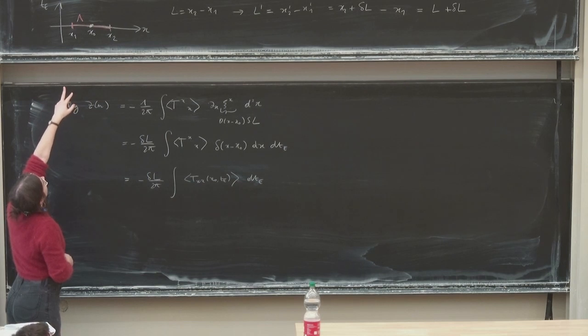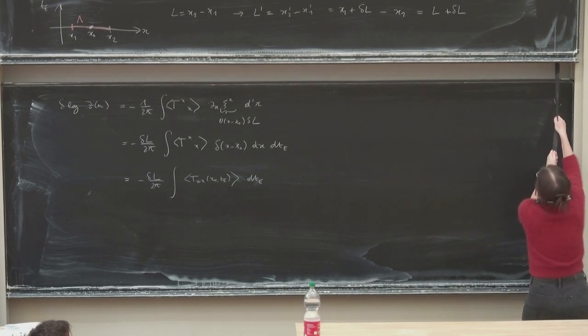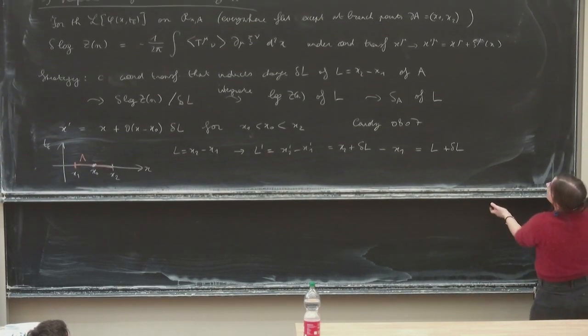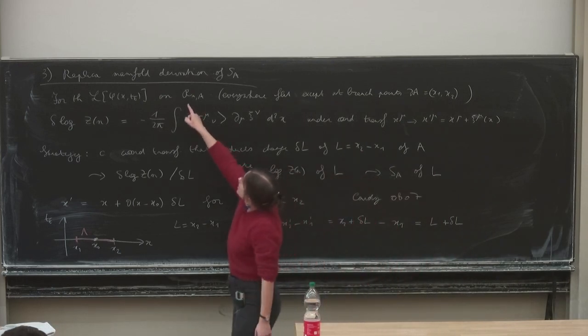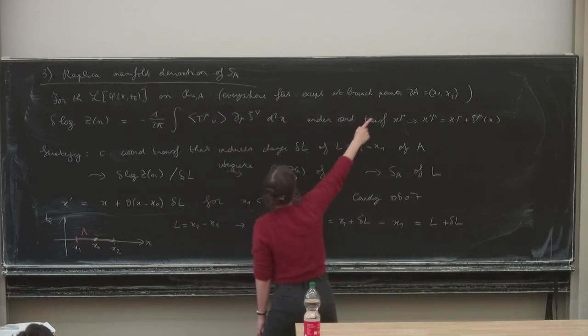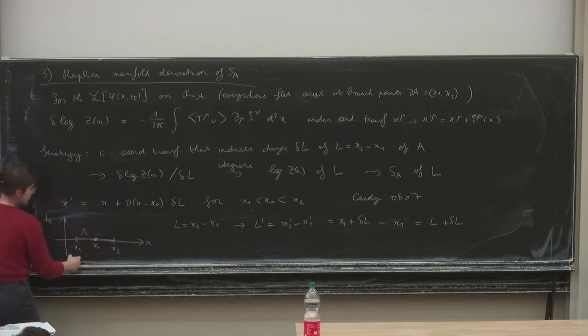This geometry upstairs is, like I said, the theory we're considering: our Lagrangian defined on this replica manifold. That replica manifold is everywhere flat except at these points x1 and x2.